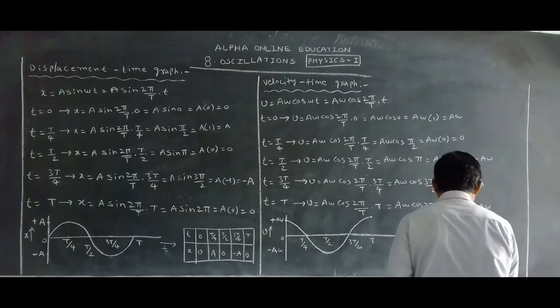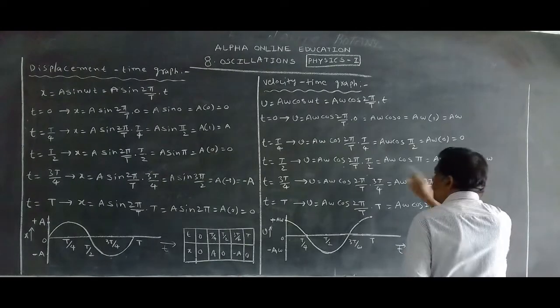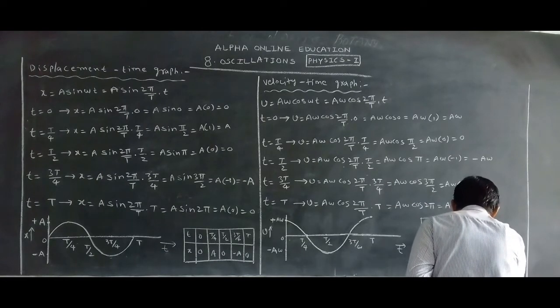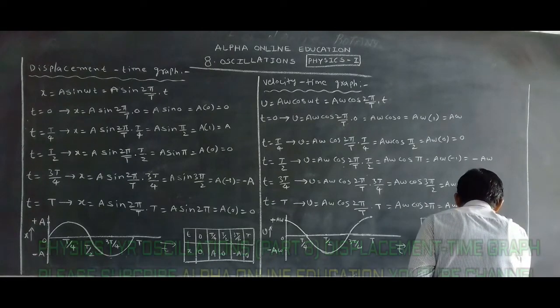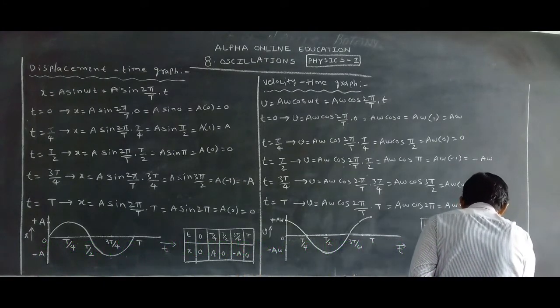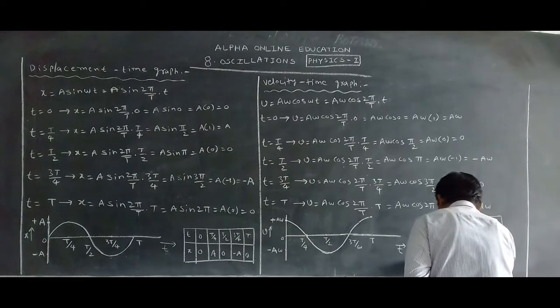Now half of the time period: velocity is minus a omega. Next, three fourths of the time period: again velocity is 0. And finally, the complete time period: velocity is a omega.